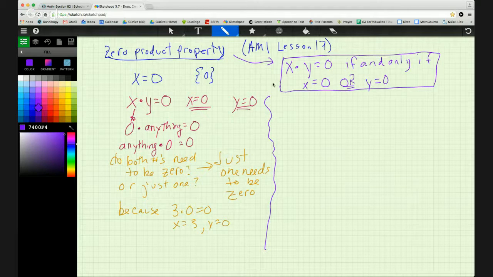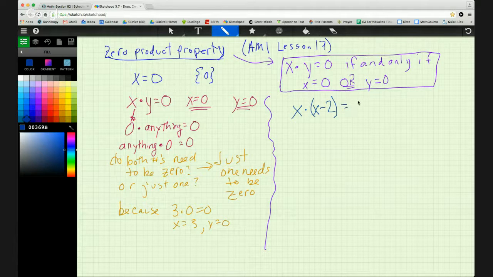You're going to see two things multiplied together equaling 0. And you're going to have to make a determination about what the solution is. So let's look at a somewhat more involved example. Well, I don't know if it's more involved than the last one, but we're just going to write this out.